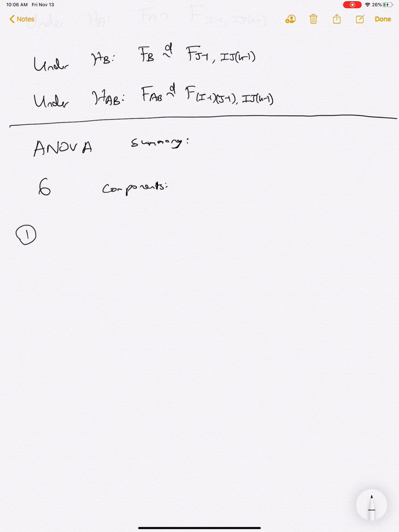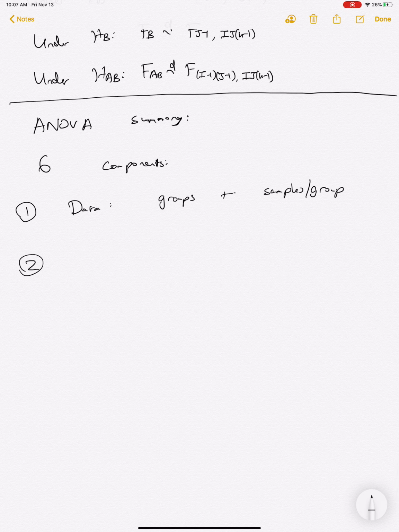The first one is the data, and that's really which groups we have, so groups plus samples per group is really the key thing there. So we're going to have either double or triple subscripts. The second component is the model.